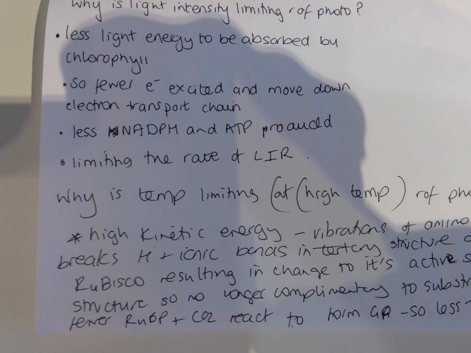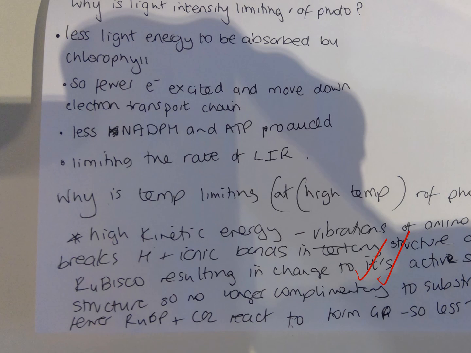So it's no longer complementary to the substrates, but I'm naming the substrates now as RuBP and carbon dioxide. They can't react to form GP, so there's going to be less GP, less TP, less RuBP recycled, as said at the end over there. So again, there's enough detail to get the 2 marks.